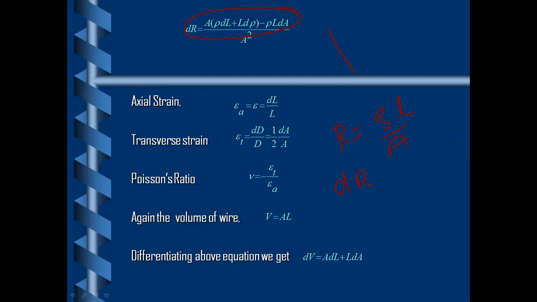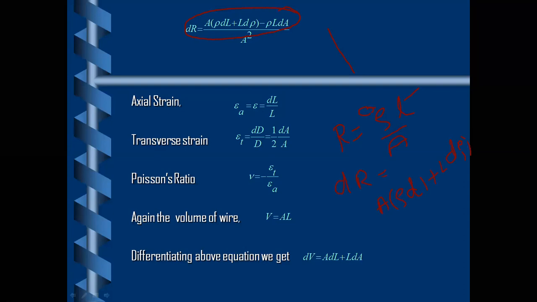Now we are trying to differentiate this particular part. So dR is equal to... A we have kept constant, then we have considered rho and differentiated dL, this part. This is constant, so plus, then L is constant and d rho has been differentiated.